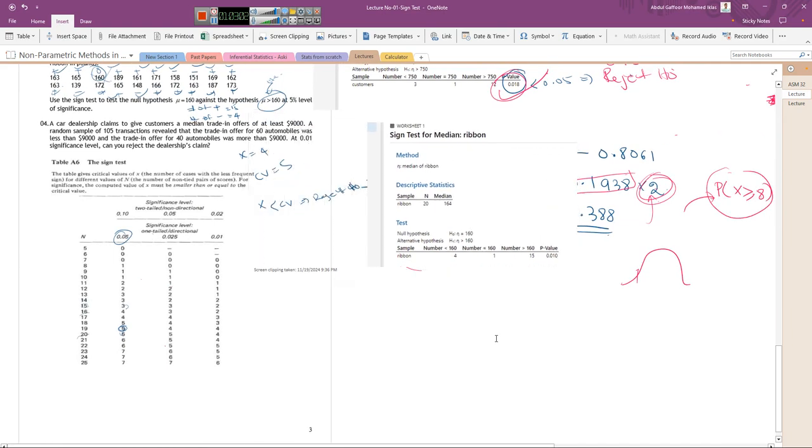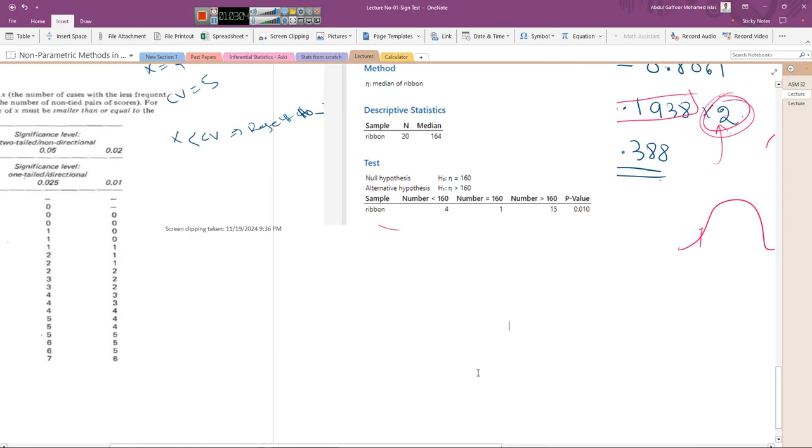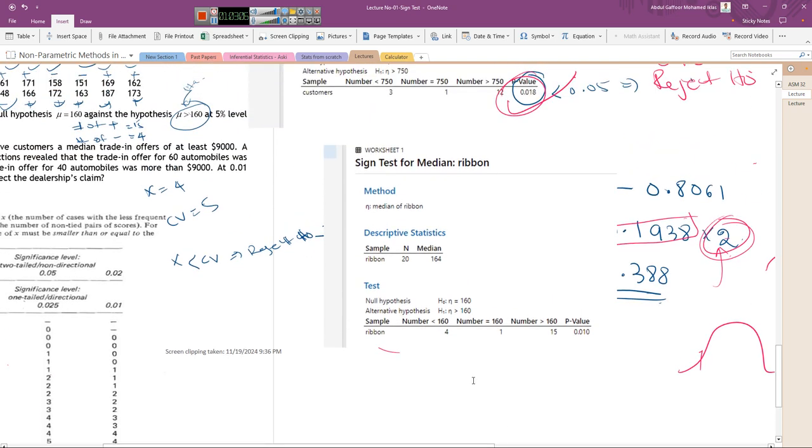Right. So you can see this is the sign test for ribbon. Our sample is ribbon, with 20 and the median. Now here you can see 4 is negative, 15 is positive, and 1 is assigned 0. So the p value is 0.01.